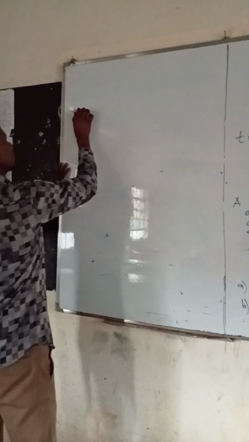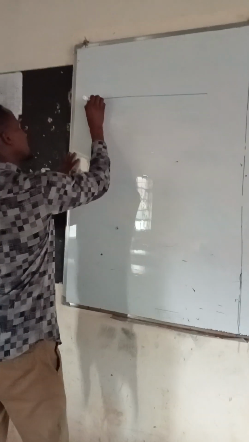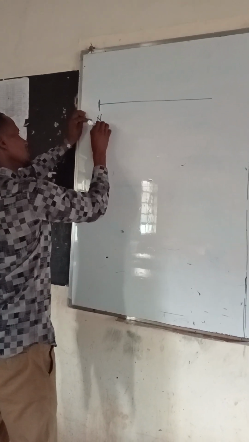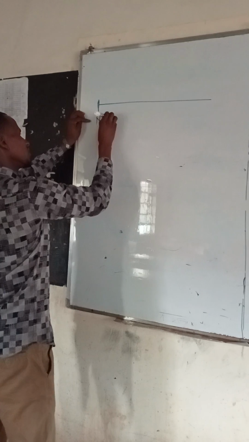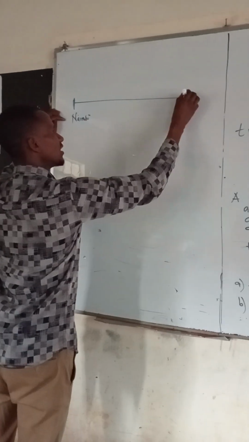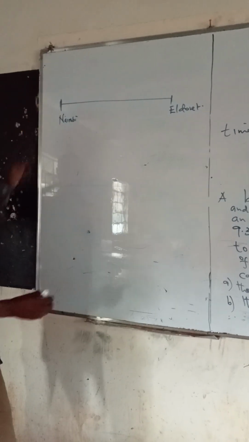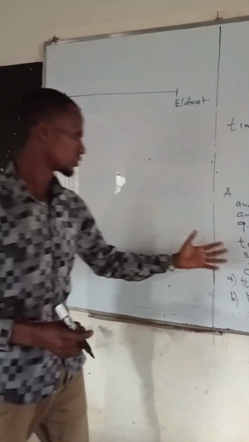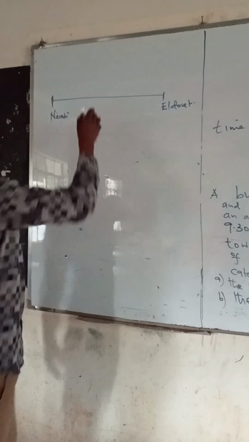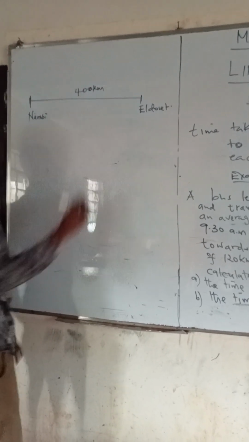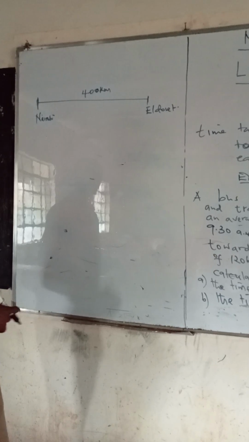So for example, you can take this point here to be Nairobi, and here is Eldoret. So these are the two towns, and the distance between the two towns is 400 kilometers.